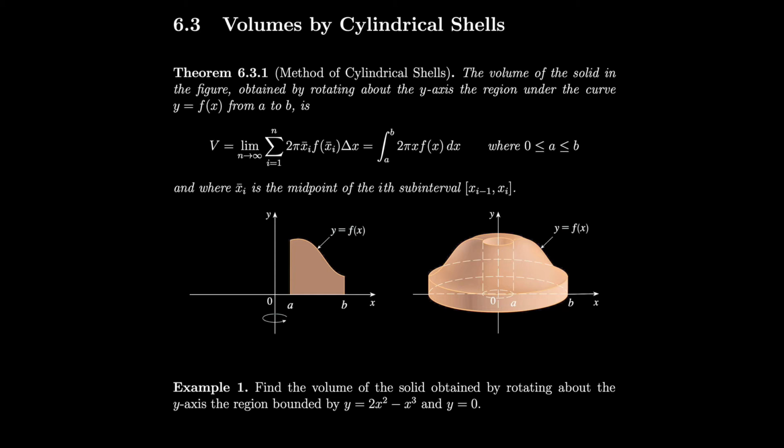Notice that the volume of this shell is equal to the surface area of the shell times whatever thickness the shell has. So some tiny little thickness. The thickness is just the delta x, but for the surface area of the shell, that's the surface area of a cylinder, almost.